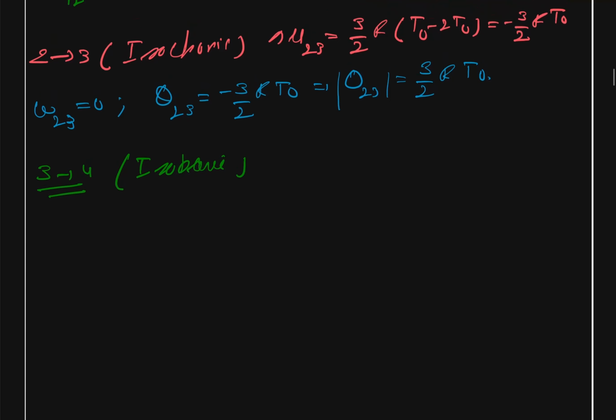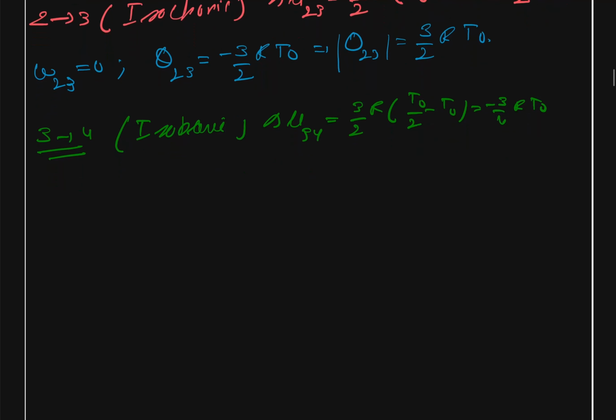Delta U 3, 4 will be equal to 3 by 2 R times (T naught by 2 minus T naught), which gives us minus 3 by 4 R T naught, and its work done we know is minus R T naught by 2.